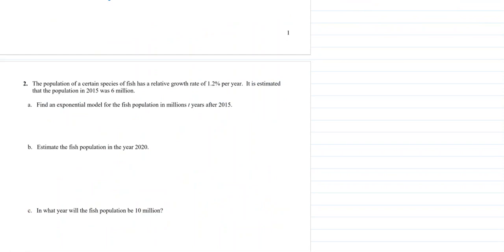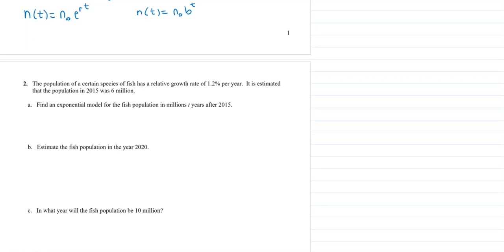So keep in mind, again, the different types of functions that you could use. There's that n of t equals the initial amount times e to the rt, which looks just like the continuous compound formula. Or you could have n of t equals n sub 0 b to the t.